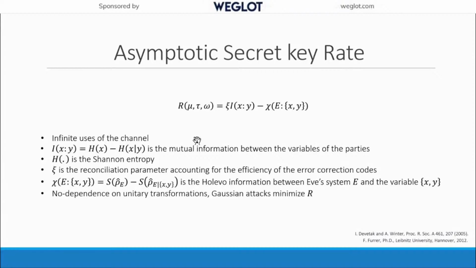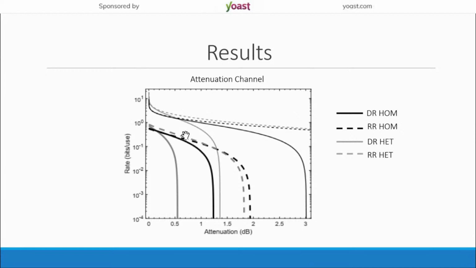But we are still improving on doing that. And for example, we can plot this secret key rate and have results like this. I'm just showing this to you just to see a part of the research, how it is.